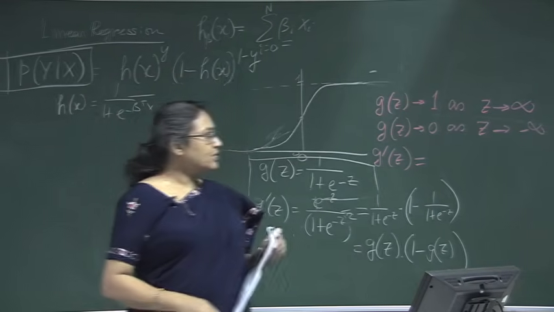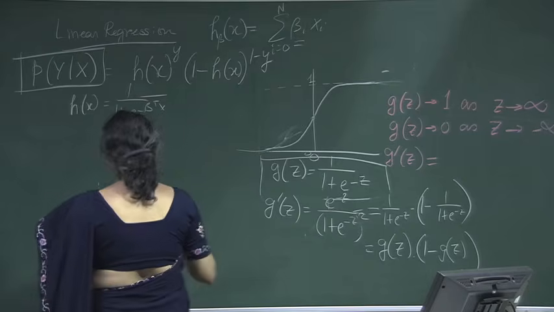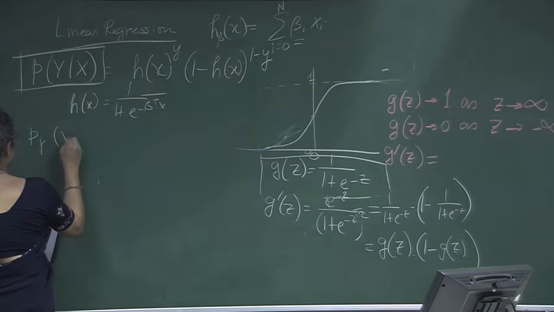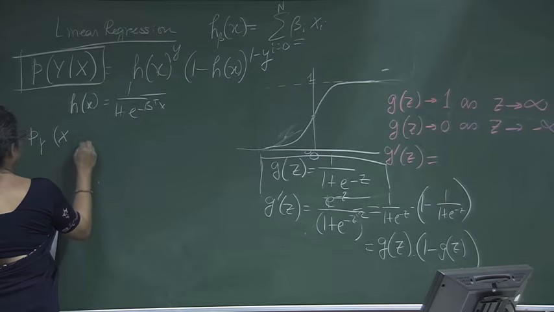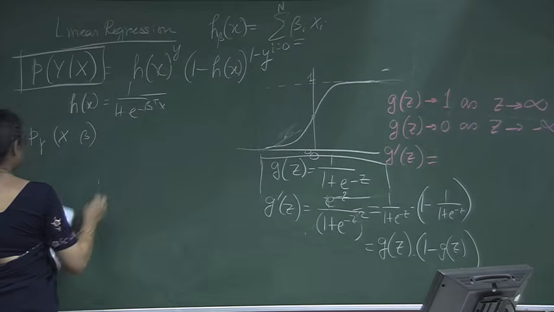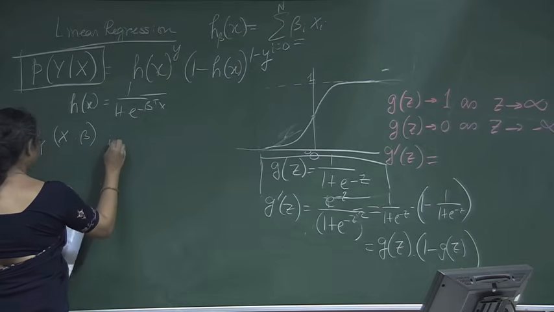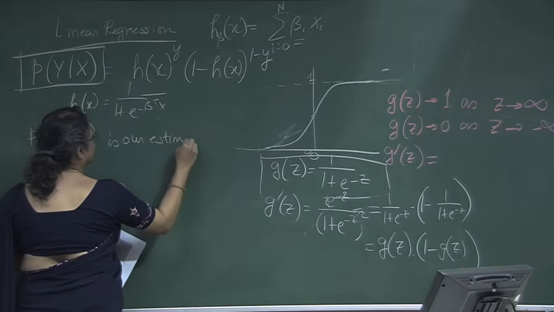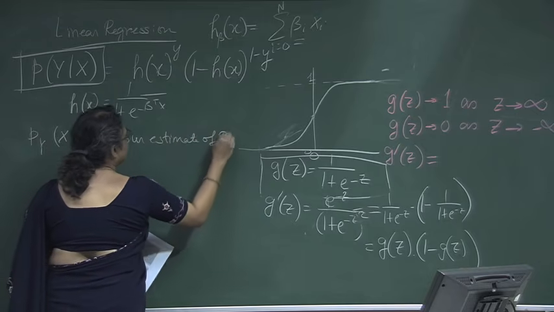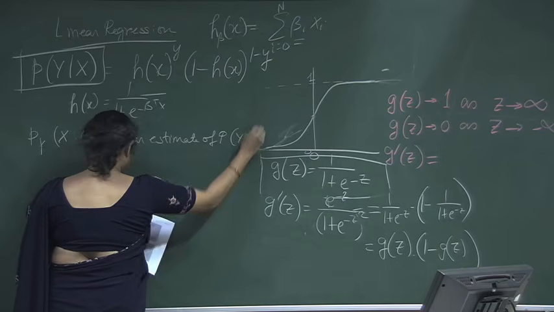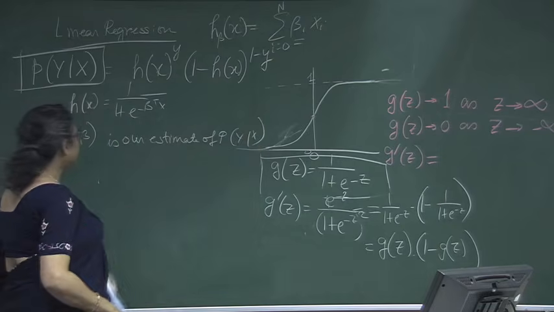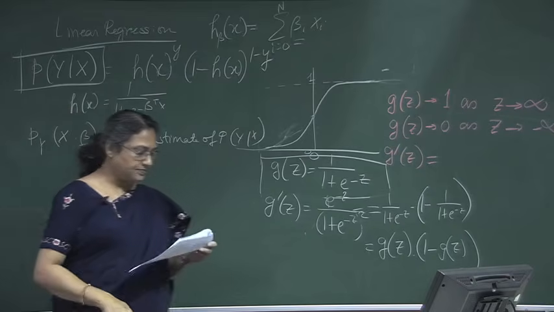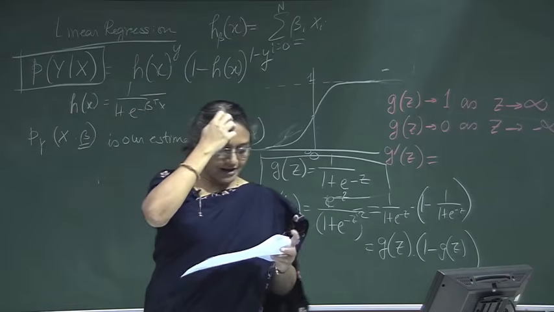Now, suppose our estimate P(y|x; beta) is our estimate of the probability of y given x, and beta is the vector of parameters whose values we have got to learn.